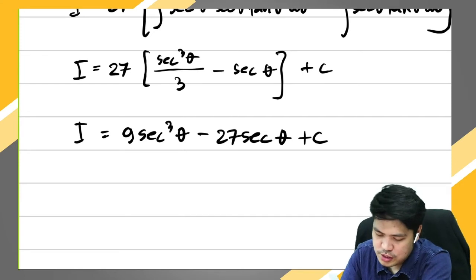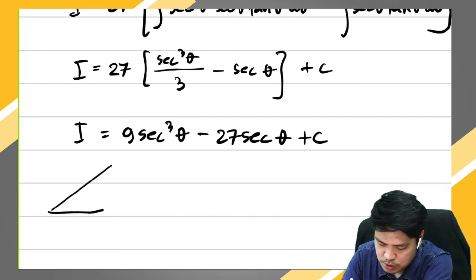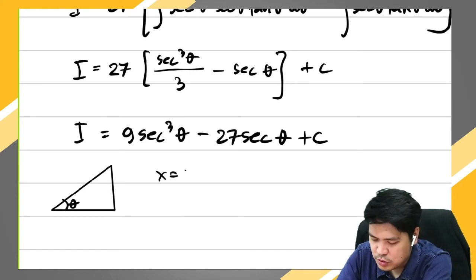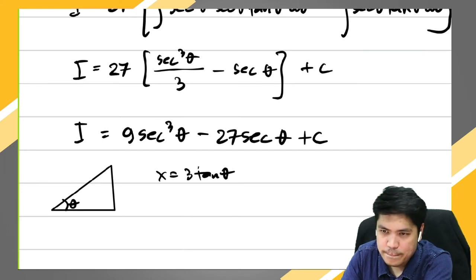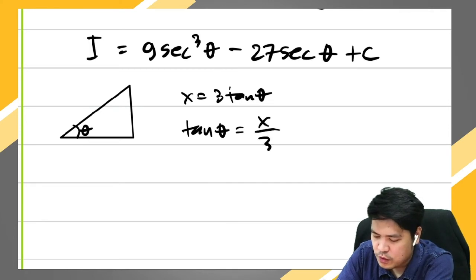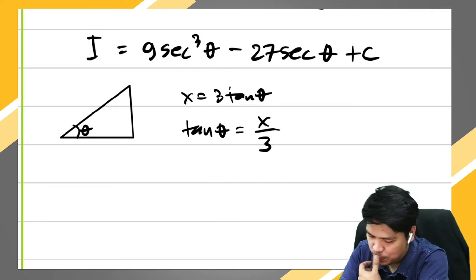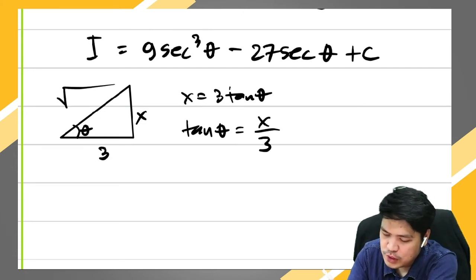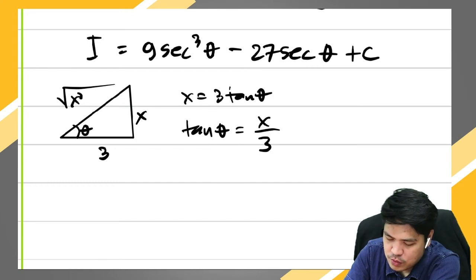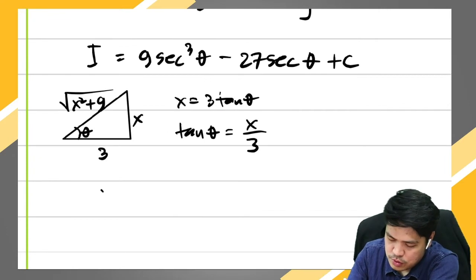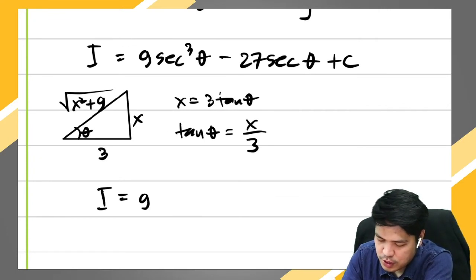So if we reconstruct the triangle, remember that what we substituted was x is equal to 3 tangent theta. Okay? So that we know that if tangent theta is equal to x over 3, we know that tangent is opposite over adjacent. So therefore, this is the square root of x squared plus 9. Okay, so therefore we have I is equal to a secant.